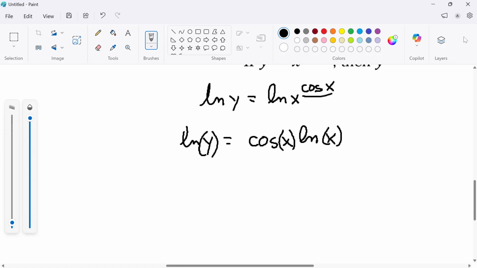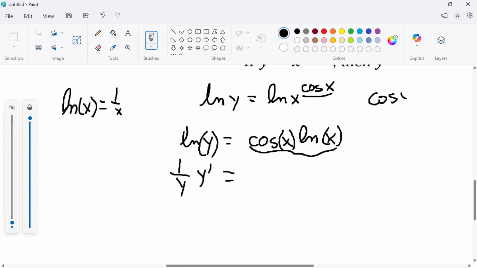The derivative of natural log of y is 1 over y, dy dx, or y prime, and the derivative of natural log of x is 1 over x. I have to use the product rule here. I'll say cosine x is f, and g is natural log of x.